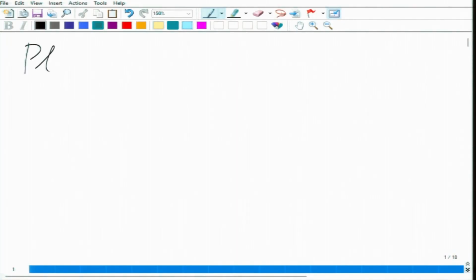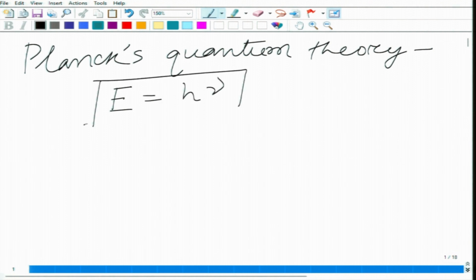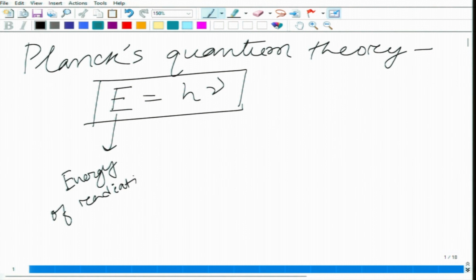So, Planck's quantum theory gave this formula that E equal to h nu, where E is the energy of radiation, that is energy of radiation absorbed or emitted, and nu is the frequency of the radiation.